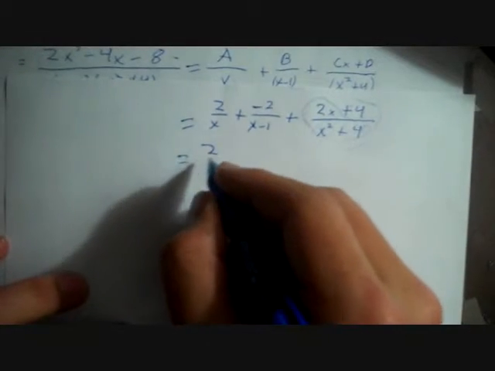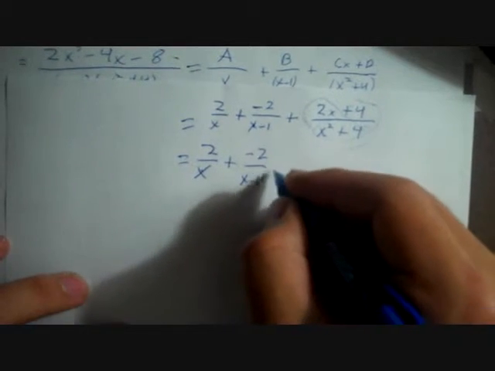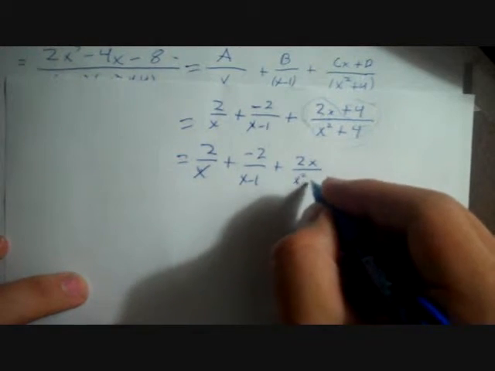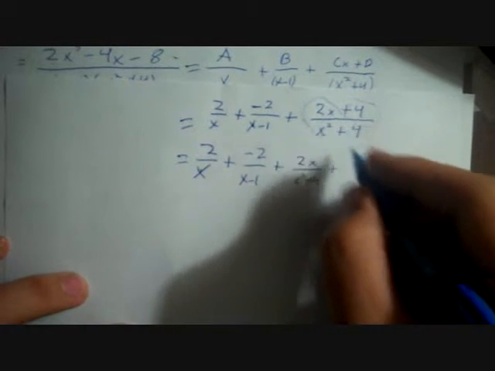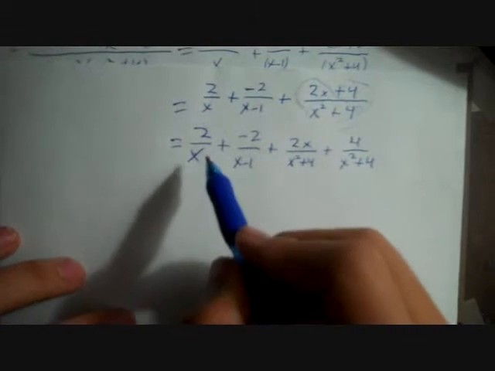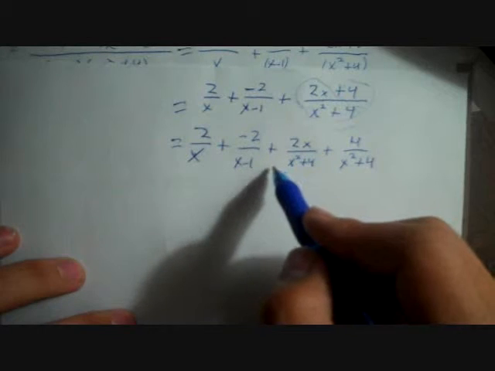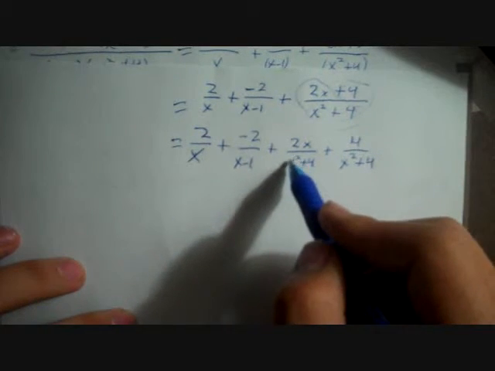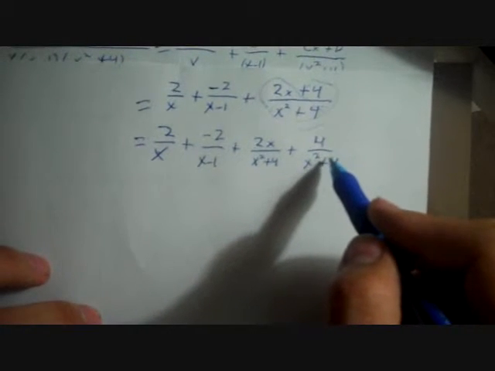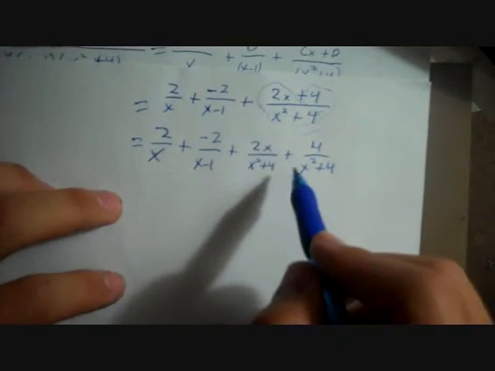So we'll get 2 over x plus negative 2 over x minus 1 plus 2x over x squared plus 4 plus 4 over x squared plus 4. Alright? Now that's pretty simple to integrate. U substitution. Here we'd have to do another U substitution where we said U equal to our denominator. And then here we would have to use the arctan. But all this is very integrable and very easy to do.